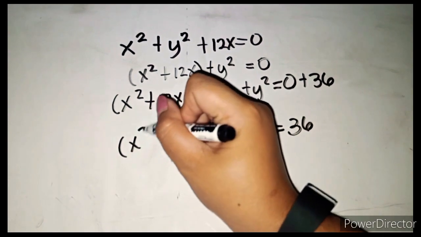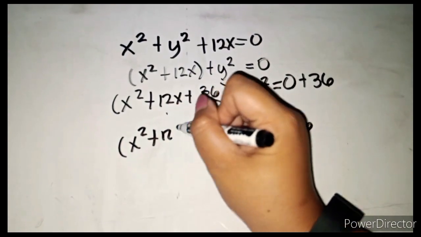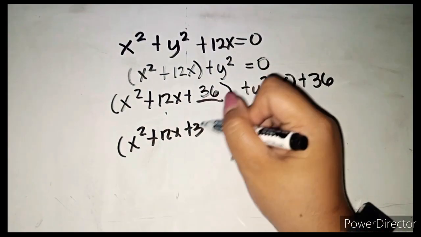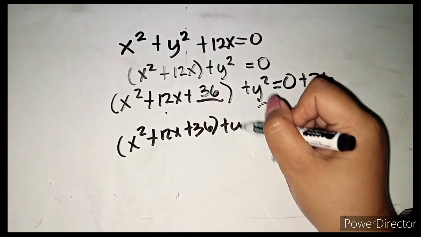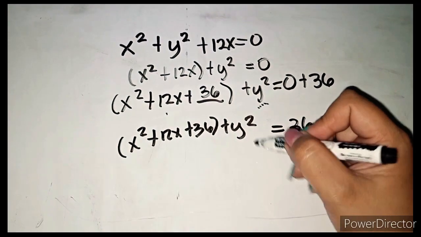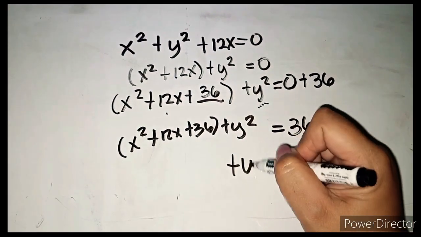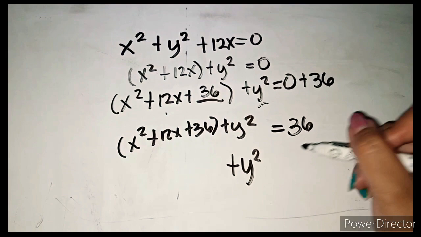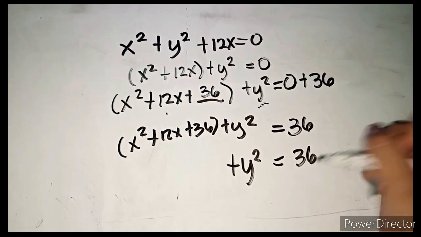So, we have x squared plus 12x plus 36 plus y squared. Now, pwede na natin ito i-transform into the standard form. Okay? So, si y, as is lang po ulit, rewrite lang natin siya. Copy din natin si 36.